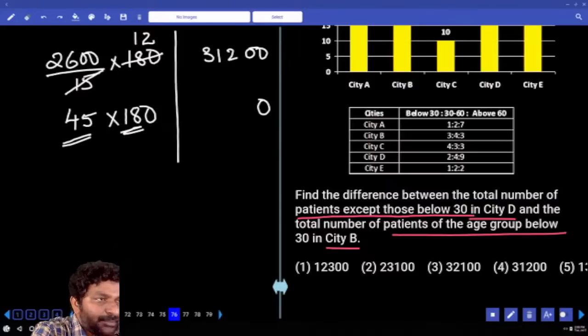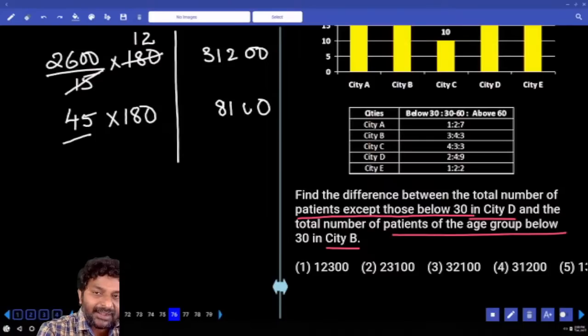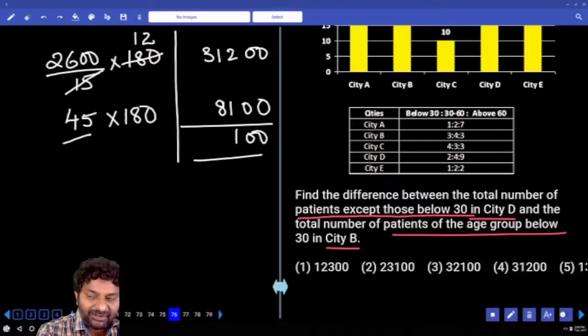We'll take 20 times minus 2 times. 20 times is 900, 2 times is 90. 900 minus 90 is 810. So from this we have to subtract 810. Right? The answer should end with 100. A couple of options are there. 31 minus 8 is 23. 1100.